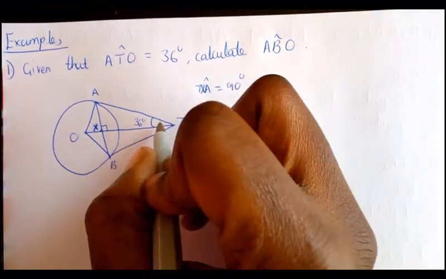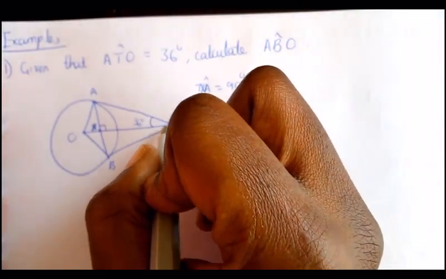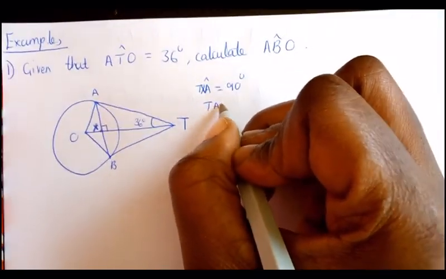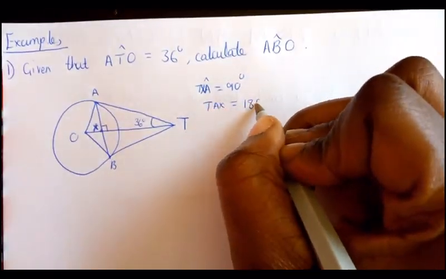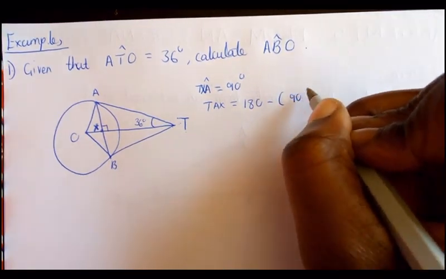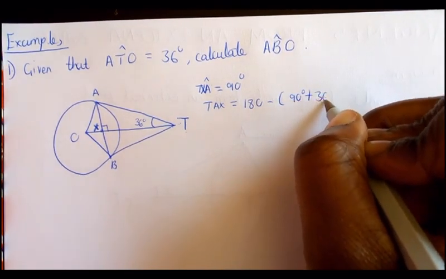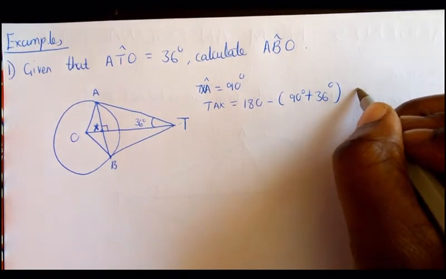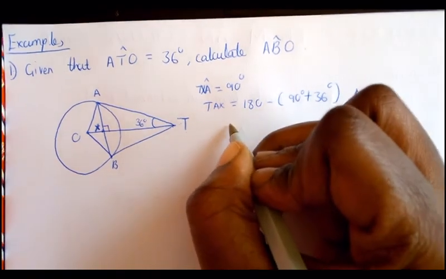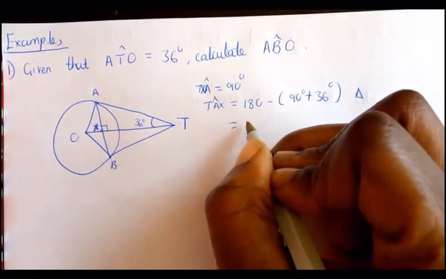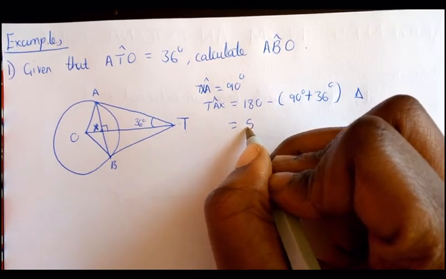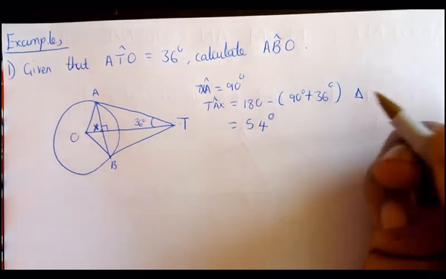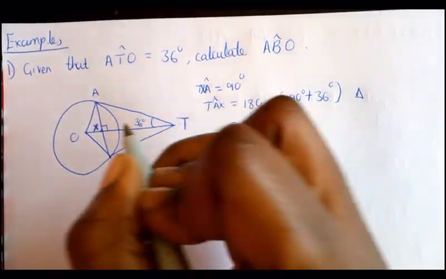So to calculate angle TAX, TAX is equal to 180 minus (90 degrees plus 36 degrees). Why? Because of angles in a triangle. So TAX is equal to 54 degrees. We now have angle TAX.